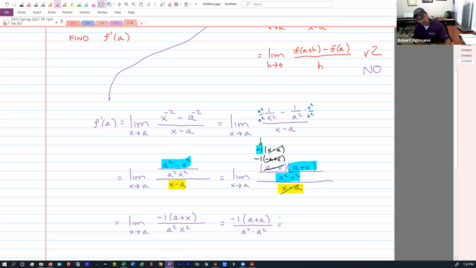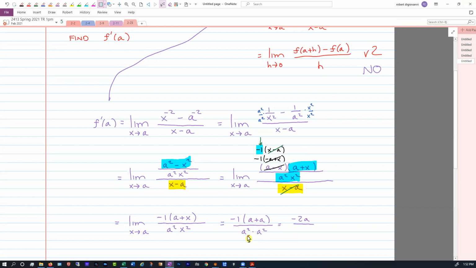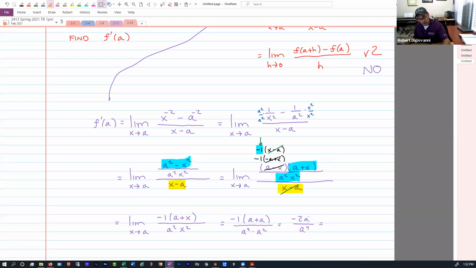Good. Okay, so let's clean this up. We've got a plus a, right, which is 2 a's, and then times -1. So that's -2a over, now a squared times a squared, you add the exponents. So you get a to the 4th. And then there's one more thing we can do, because we have 4 factors of a in the bottom.